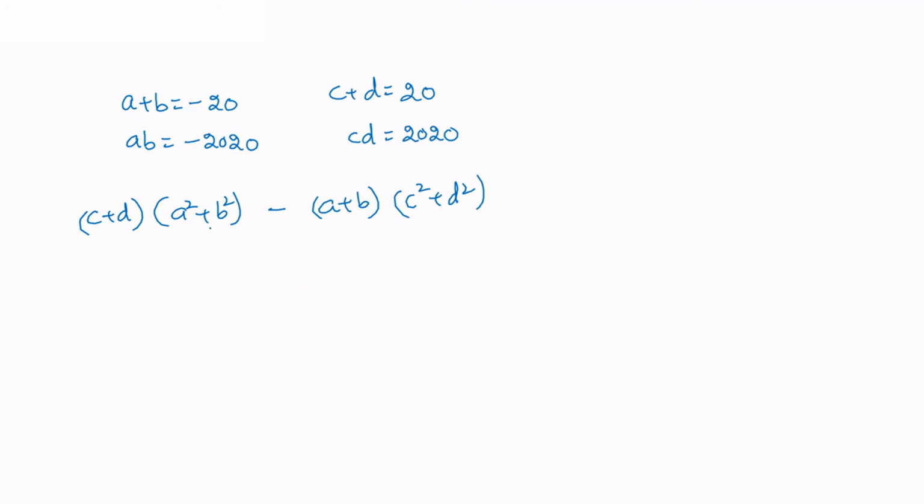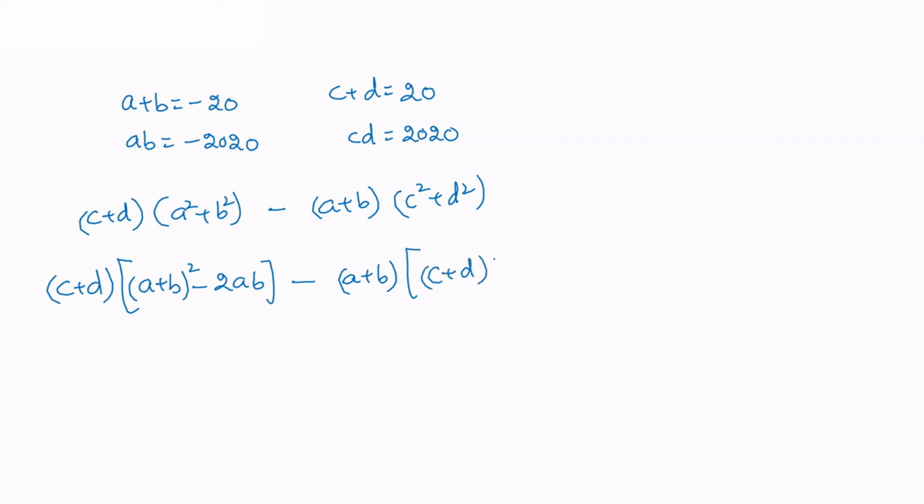So now the only thing is we have to concentrate on a square plus b square and c square plus d square. And that is also a very direct relation that we are going to use. So this will be c plus d times, and here a square plus b square I'll be writing as a plus b whole square minus 2 times ab. And in a similar way, this is going to be a plus b, and c square plus d square can be written as c plus d whole square minus 2cd.